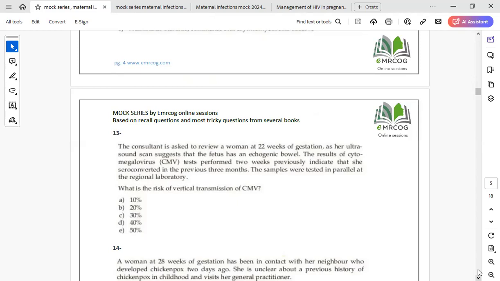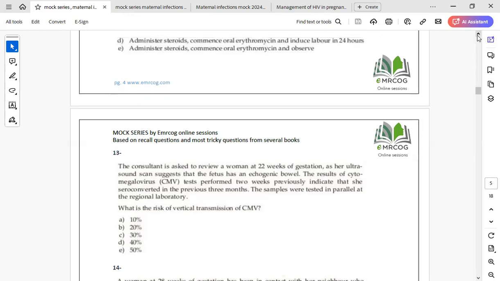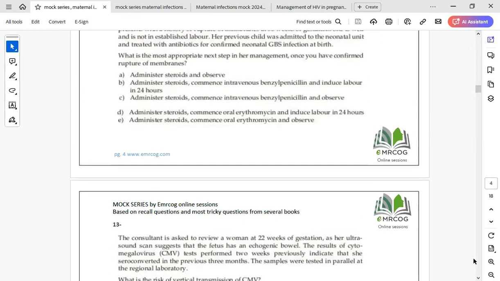If she has any obstetric reason for a CS, go for CS again with IAP because the membranes are ruptured. If the membranes are intact, she does not need IAP. Okay, guys?